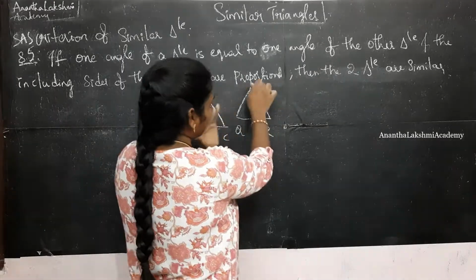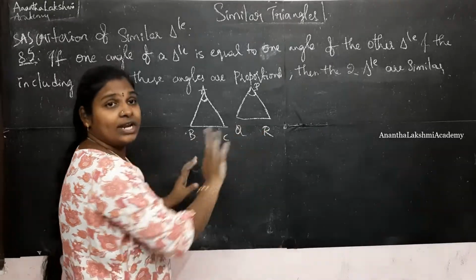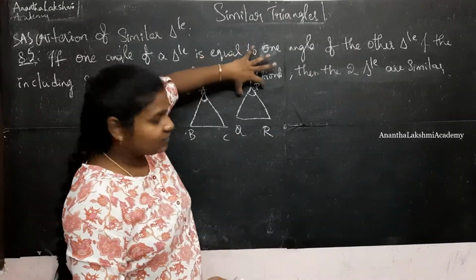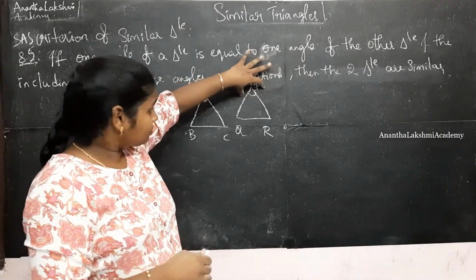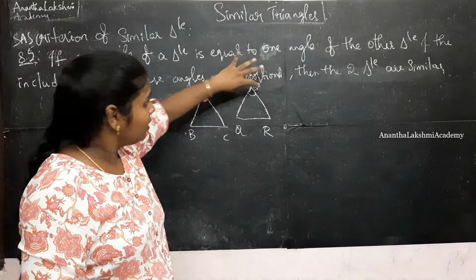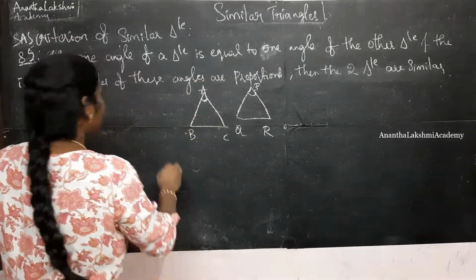In this triangle, PQ and PR. It is not that BC by QR is equal. No. It is that the including sides of the angle should be equal. Okay, what is it?